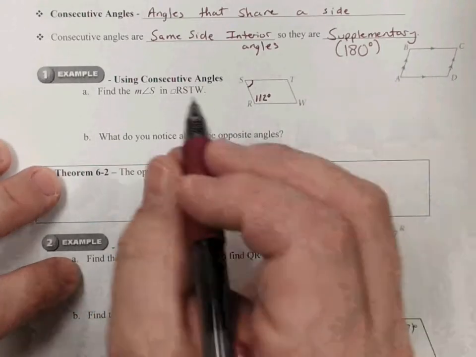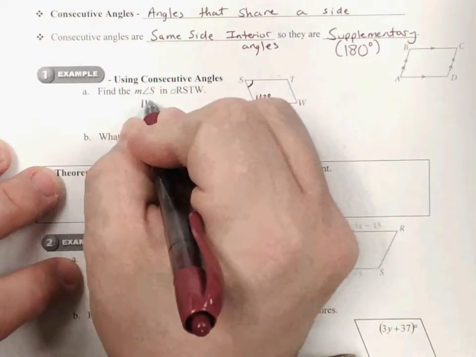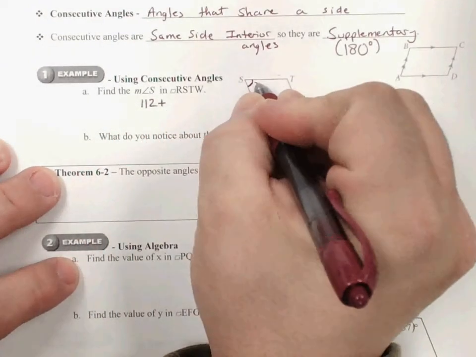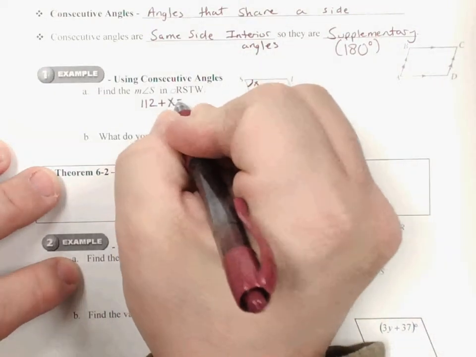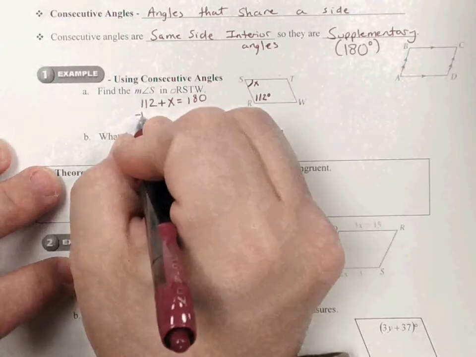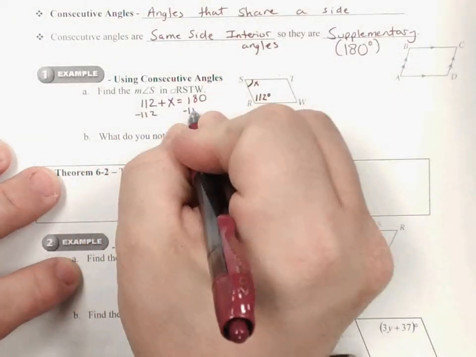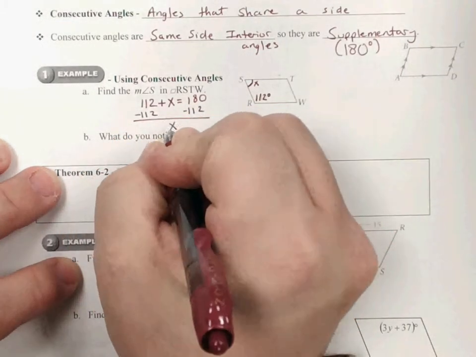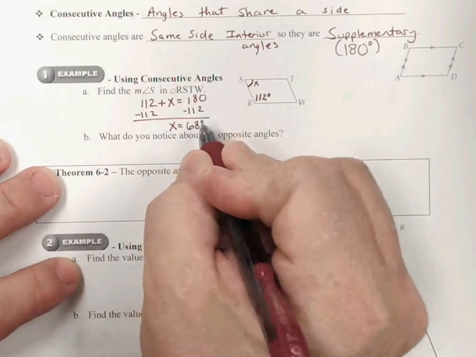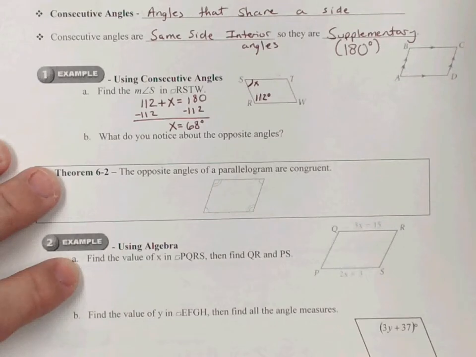So therefore we can say that 112 plus, let's call this X, equals 180. We can subtract off 112. X is equal to 68 degrees.